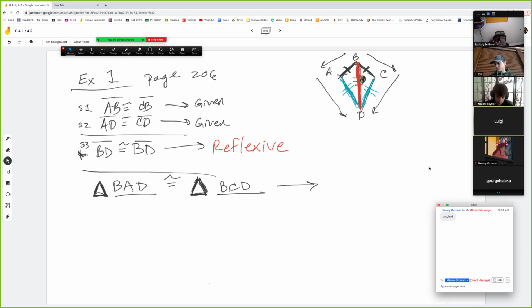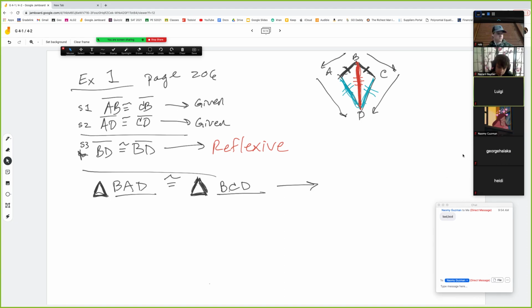Remember, in 4-1, you had to have all three sides congruent and all three angles congruent. But we've been given a tool in 4-2 that allows us to say that two triangles are congruent if they have three sides that are congruent to three other sides.